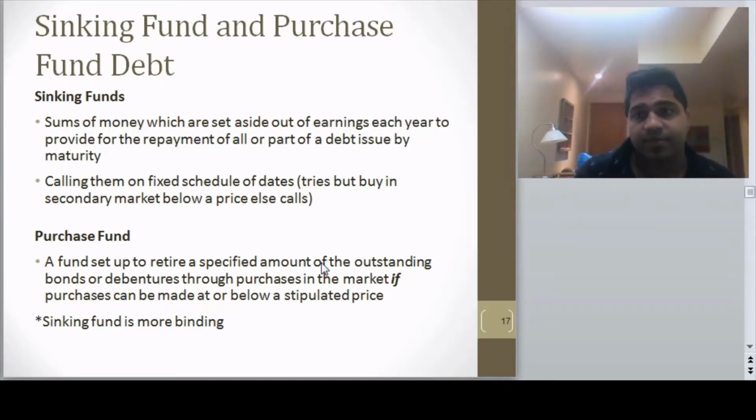So it will call the debt back. First thing you have to remember, calling the debt is generally more expensive than buying debt in the open market below a certain price.